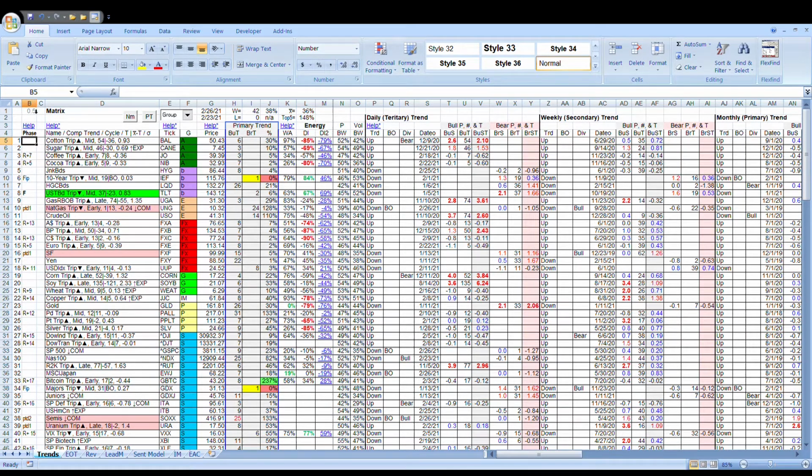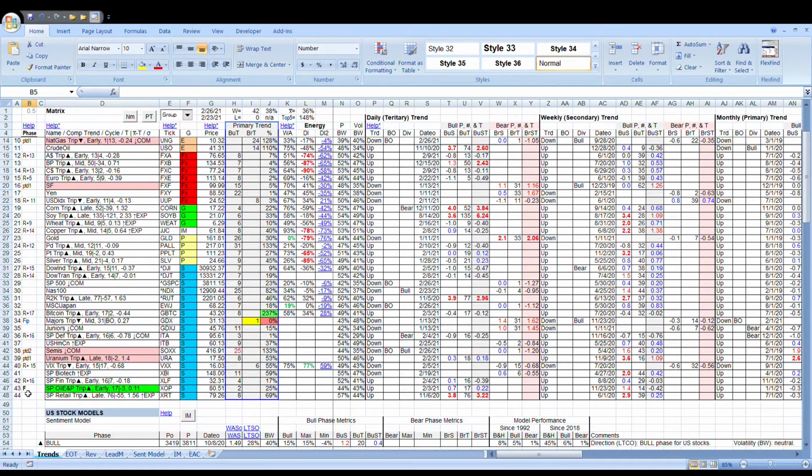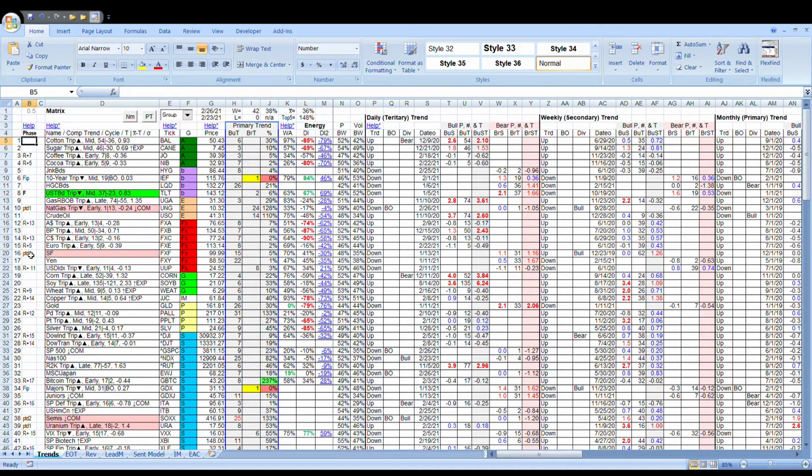And the phase column here is an important start of understanding the matrix and the trends tab in general as maintaining the evolution of the trade. We use this to guide our positions, and we use this to understand when it's time to take some profits, to escalate the core position back up again when the time is right, and ultimately to sell the position.